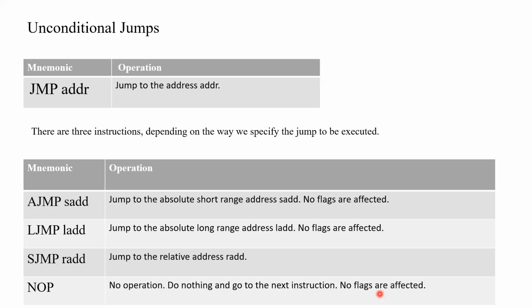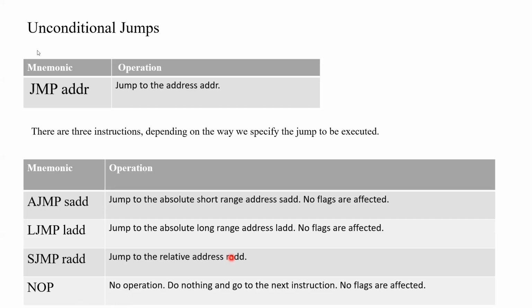Also, since you've written NOP, in future if you want to add some additional code, you can remove it and write the code there. That's the reason we include a NOP, but when I say NOP, it is not performing any operation.